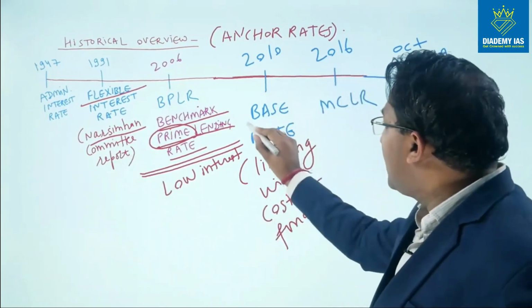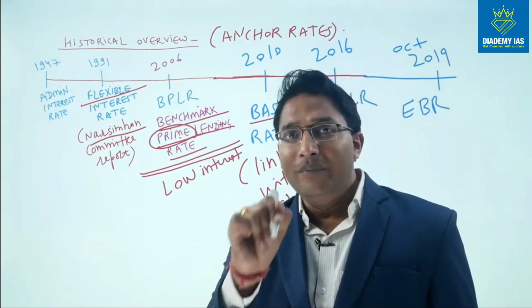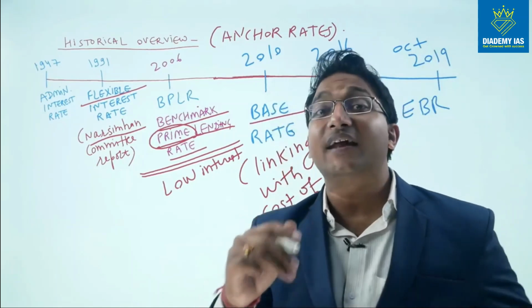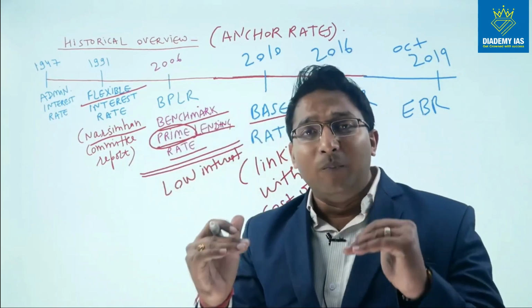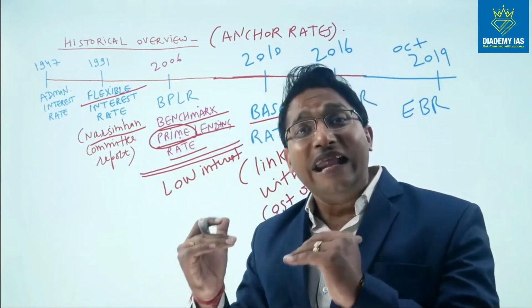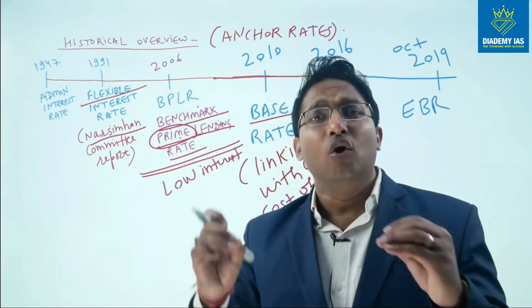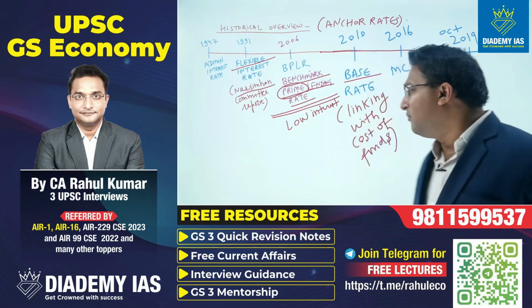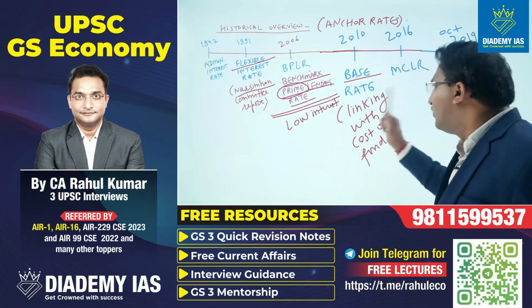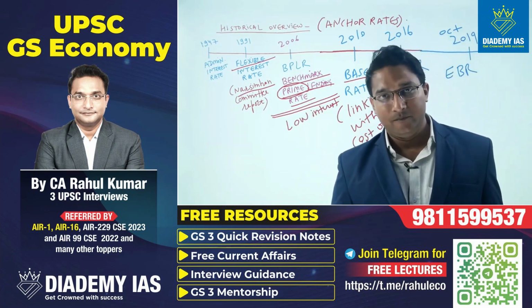So this base rate means the minimum rate of interest or minimum rate of lending which can be offered to any customer. So any bank cannot offer any loan below the base rate. So whether the customer is corporate or any other person, there will be some minimum rate, and that rate will be based upon the cost of fund. So this will avoid the problem which arose because of the BPLR, right?